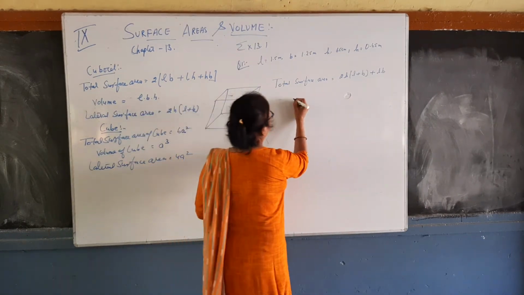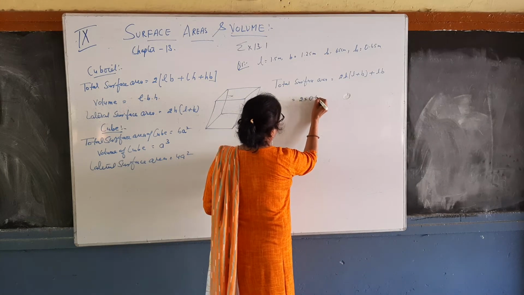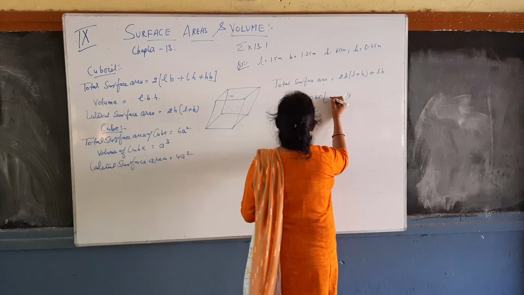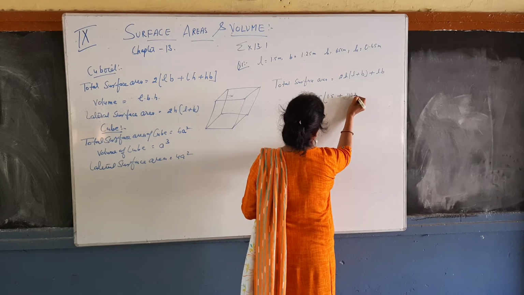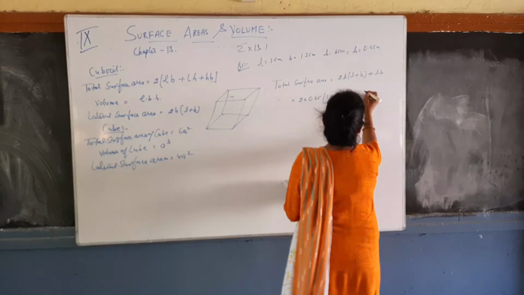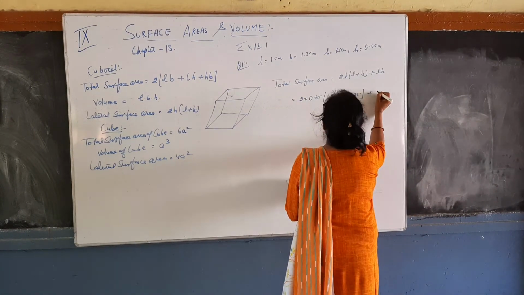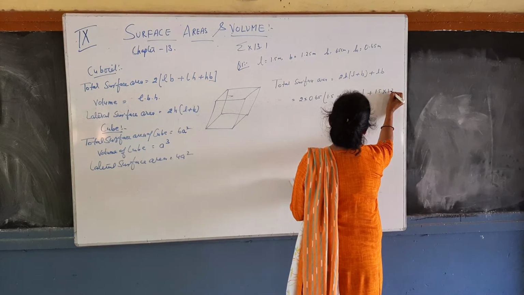So put the values here. We will get 2 into H is 0.65, L is given 1.5 plus width is given 1.25, and plus L into B, 1.5 into 1.25.